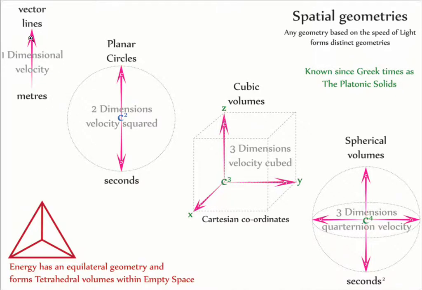Obviously a vector is a one-dimensional vector of force, or a measure of distance travelled per unit of time, or momentum. Various units use this same vector illustration. In the case of a measurement per second, we have per c squared, Cartesian coordinates again, and the spherical geometries I've previously mentioned.